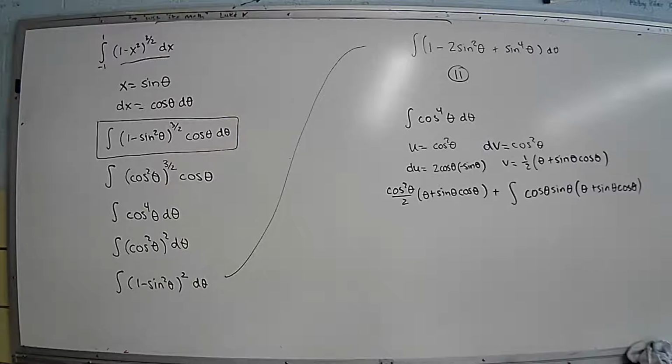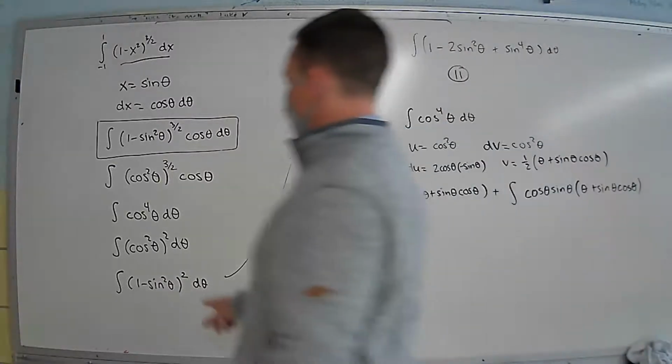Ethan, I really like what you were saying earlier, but I'm not sure if you realized what you were saying. If you do cosine squared times 1 minus sine squared, when it's cosine to the fourth, and then you distribute it.